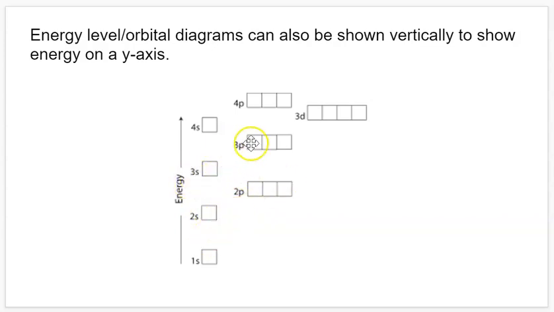And then 3s, 3p, 3d, 4s, 4p. You can see that these start to overlap with each other. Even though 2s and 2p are technically at the same energy level, they have a slightly different energy difference between them. And the electrons are going to start to fill in energy order. So that's why the s subshell fills before the p. And it's always going to have this structure.